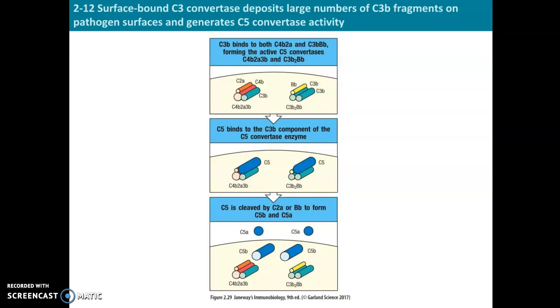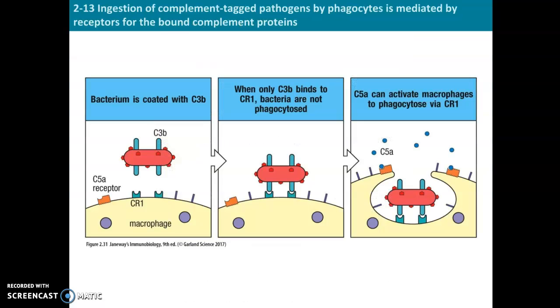So the purpose of creating these protein complexes is to create a C5 convertase. Besides that, C3 is going to increase phagocytosis. That's also true. But once we get a C5 cut, C5a is the most potent anaphylatoxin, and C5b then goes on to create the membrane attack complex.